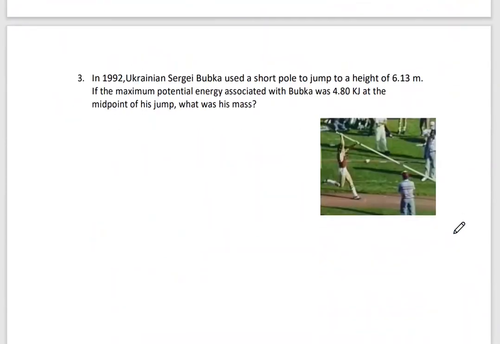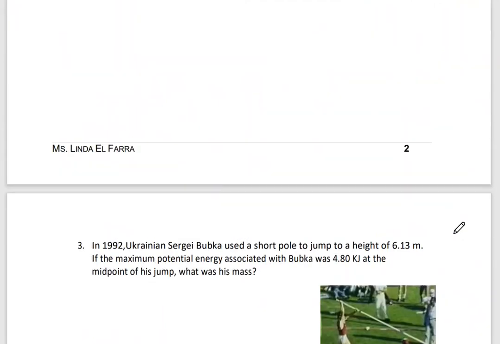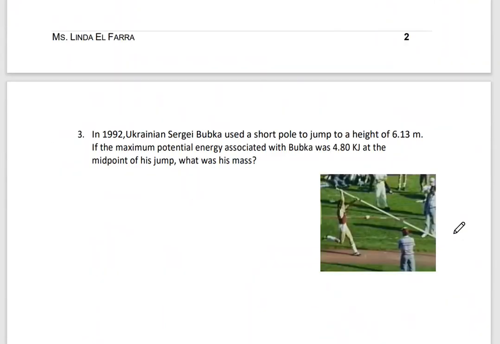Okay. Let's solve another example. Here we have the Ukrainian Sergei Bubka, who used a short pole to jump to a height of 6.13 meter.